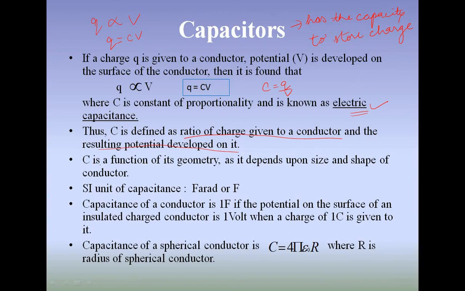This C, the capacitance, is a function of its geometry, because it depends upon the size and shape of the conductor. We have different types of capacitor according to different shapes and sizes: a parallel plate capacitor, a spherical capacitor, and cylindrical capacitors.